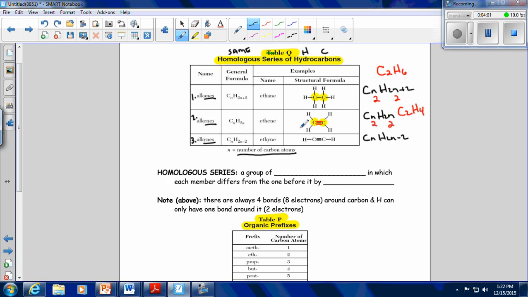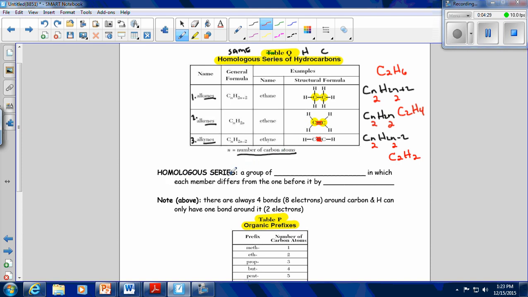Once again, if we plug in the number 2 for the N's, we would get C2H, 4 minus 2 is 2. This is for the alkynes. That formula is going to be different because of the triple bond that is located between the 2 carbon atoms. Okay, so we'll be referring back to this table quite a bit, the homologous series.